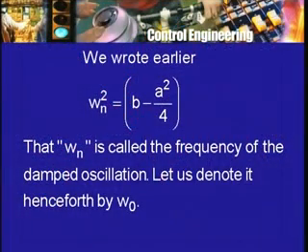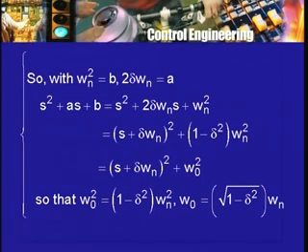So if I did not have the term a, then I will simply have s squared plus b, and then you think of b as the square of a positive quantity, which is then called omega n. So I write b as omega n squared, and then we will write the term a as 2 delta omega n, and if I do that, then s squared plus as plus b becomes s squared plus 2 delta omega n s plus omega n squared, and by taking the first two terms and completing the squares, I will get s plus delta omega n once again squared plus, and this time I have added the term delta squared omega n squared, so I will have to subtract it from here.